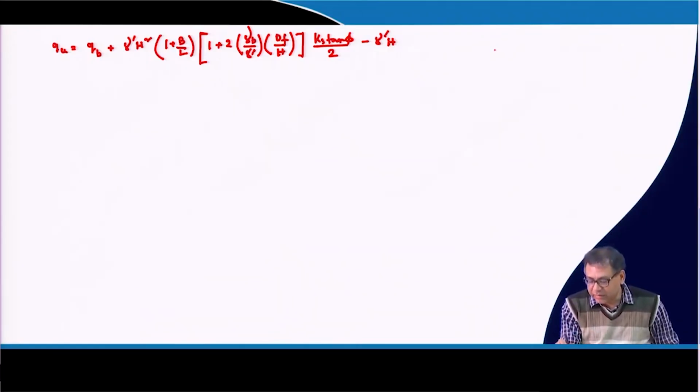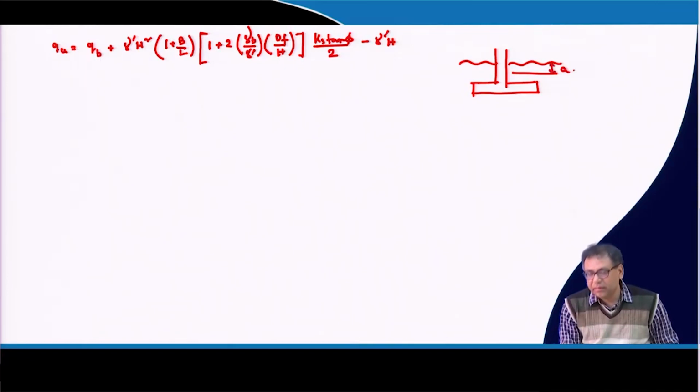So, now if the water table is not at the base of the foundation, it can be anywhere, okay. For example, if the water table is here with a distance of A, and this is the dF. Now, this is gamma bulk, this is gamma dash. So, now what will be the pressure distribution?